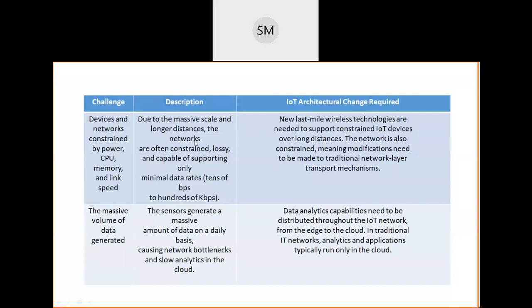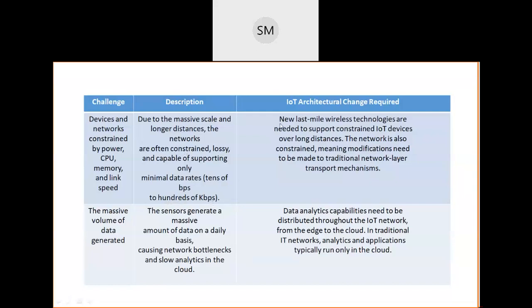So obviously the infrastructure should be very strong, and lossy, and capable of supporting only minimal data rates. Minimal data rates here means speeds between 10 bits per second and 100 kbps. So this is our descriptor.